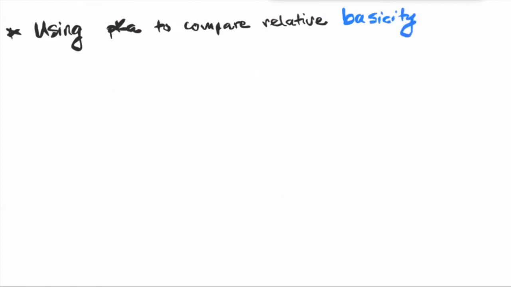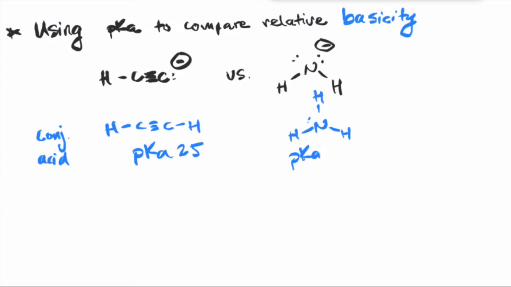We can also use pKa to compare relative basicity. For example, if you were given these two molecules, which one is more basic? To answer this question, imagine what is its conjugate acid and what is the pKa of that conjugate acid. Comparing the conjugate acids, which one is the stronger acid? Between these two conjugate acids, the alkyne will be your stronger acid.